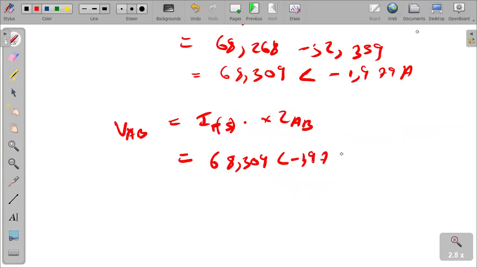We have just calculated that. Multiplied by ZAB, and as a matter of fact, ZAB is equal to ZBC.